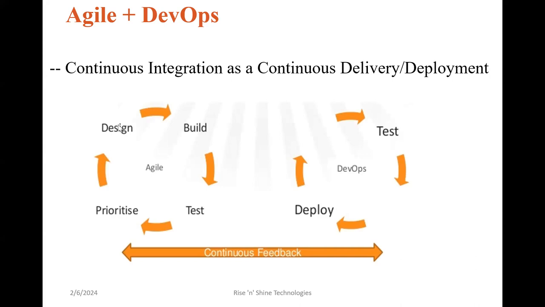So identify the user story, design it, build it, and test it. Once it is verified at the integration level, take it and apply it to the testing team's environments and run all the test cases. Then if you have a performance testing environment, deploy it and run all the test cases that belong to that environment. Then deploy this to the user-level UAT environment or pre-prod environment and run all the test cases which are planned here.